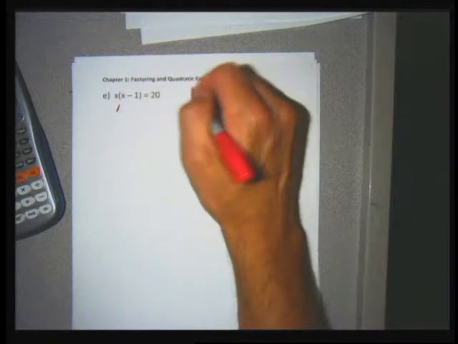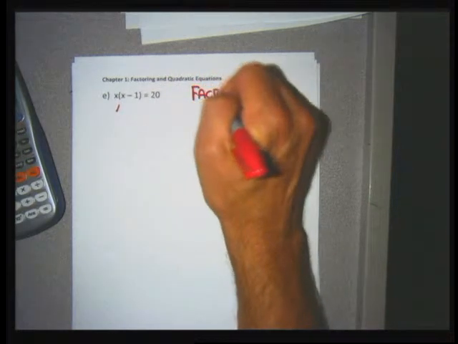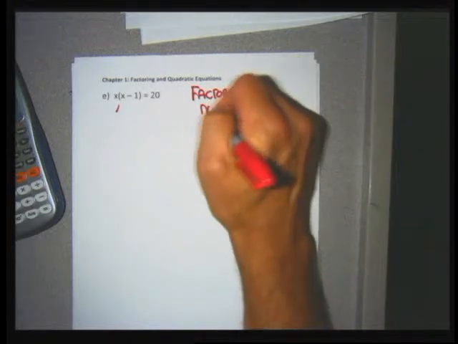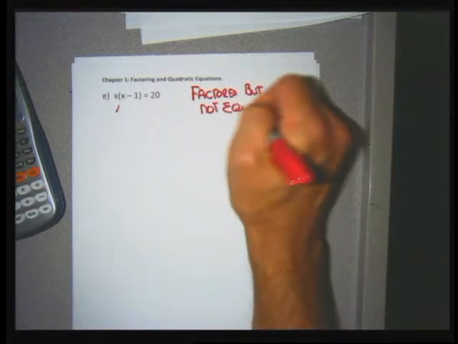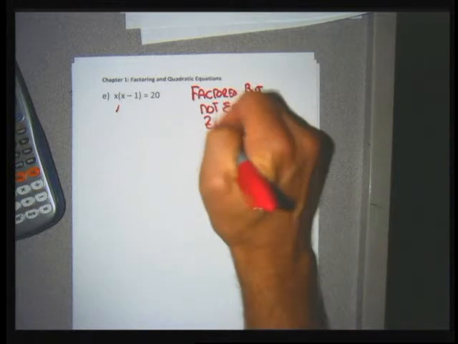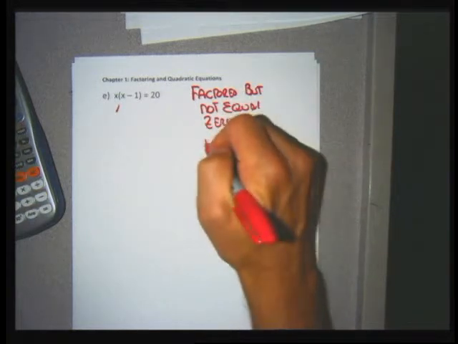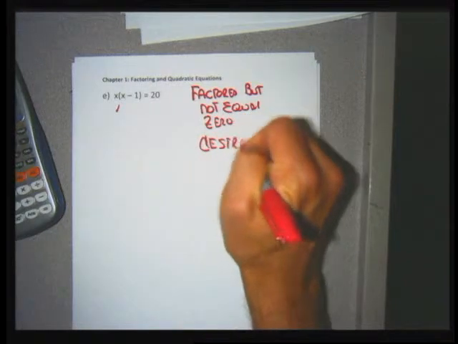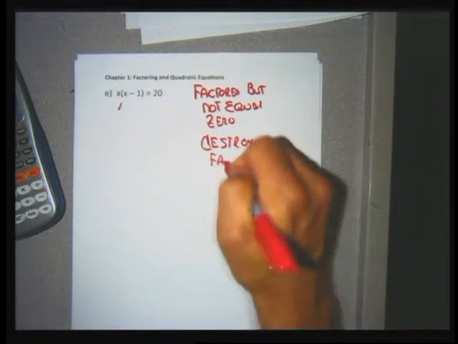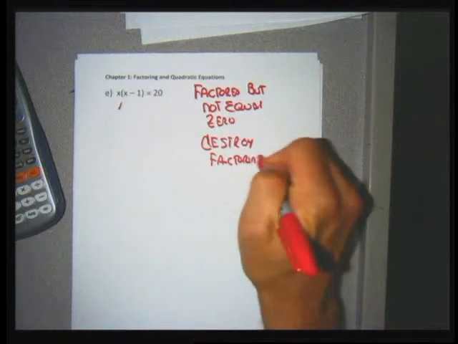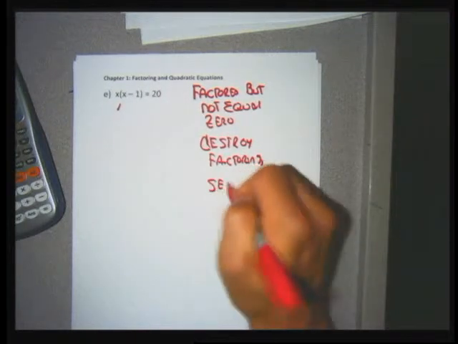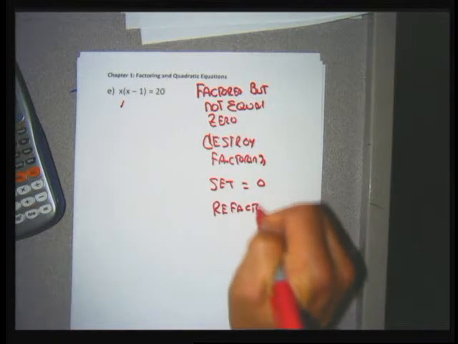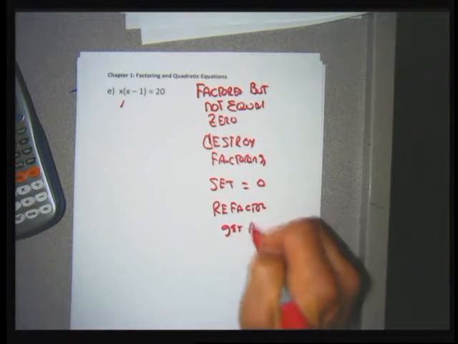So if it's factored but not equal to 0, and that's not what the first couple problems were in this grouping, you need to clear the factoring or destroy the factoring, I guess. Set it equal to 0, refactor, and then get your answers.